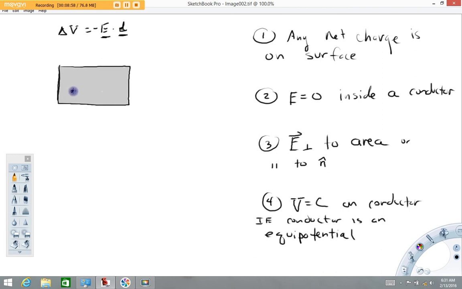So if I pick two points, let me call them A and B, inside the conductor, it's guaranteed there is no potential difference between them. Because remember, IFAC number 1, right here, no electric field inside the conductor. So this might be some sort of distance here, but there's no field in there. Right? So that thing would be 0. So A and B have to be at the same potential.